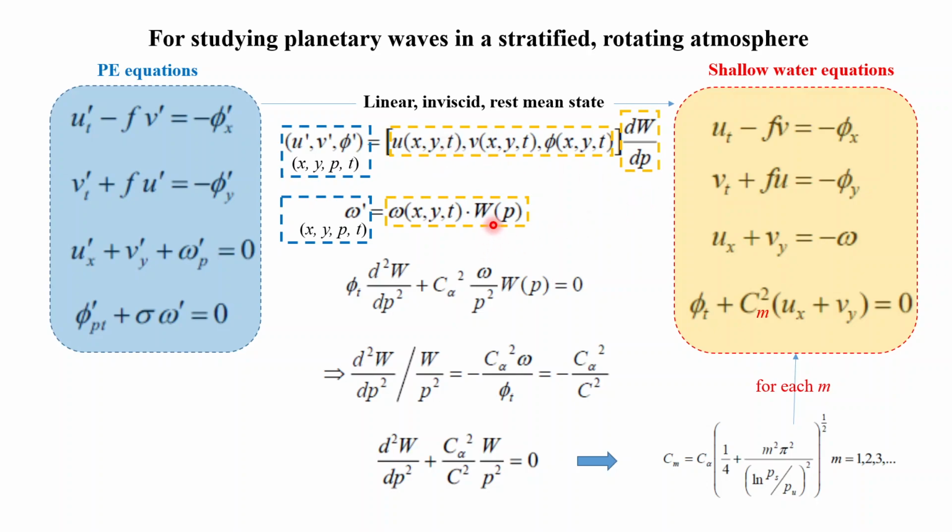And then in the vertical dependence, for example, for the omega prime, that is expressed by the horizontal part and the vertical parts. Okay, so this is a normal mode decomposition.